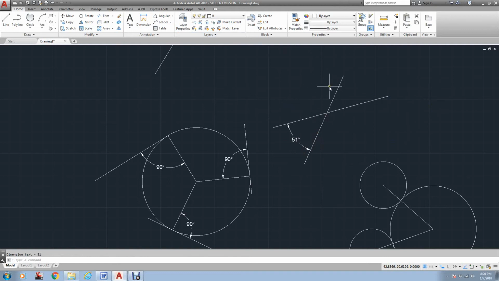Well, if you understand basic geometry, you know that is going to be 129. Because this is a straight line, this whole thing has to be 180. So if that's 51 for 180 is 129, this over here is 129, this over here is 51.